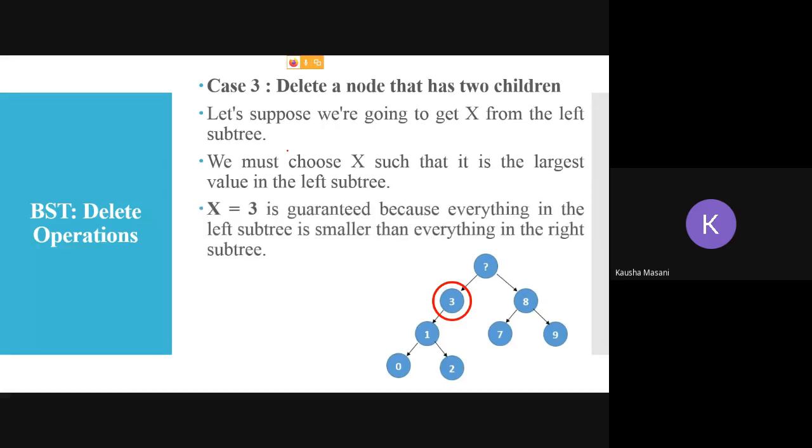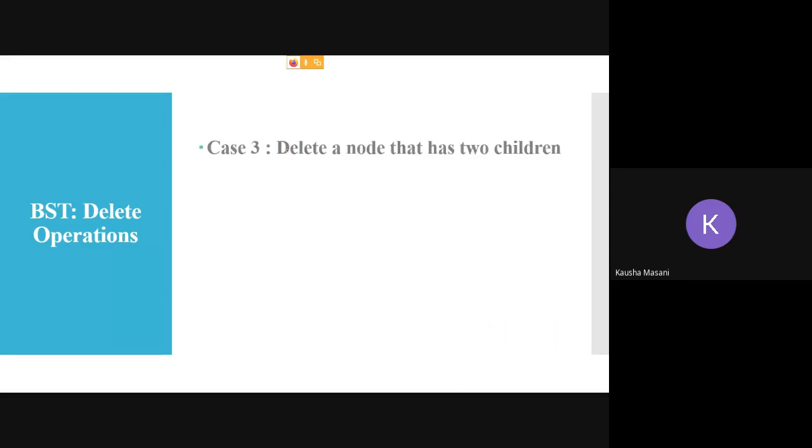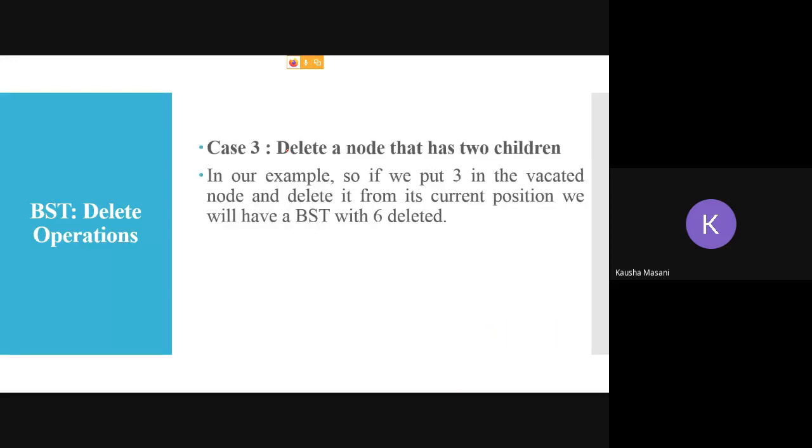Okay, so x is equal to 3 is guaranteed because everything in the left subtree is smaller than everything in the right subtree. Fine. So if we go and delete, what you need to do now? Put 3 in that question mark and delete the current position of your 3.